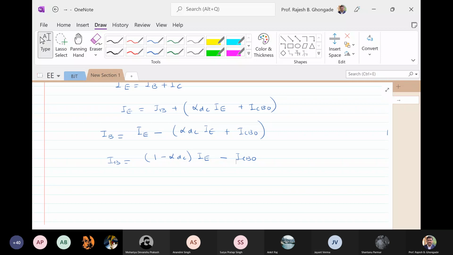Let us have a look at the common base configuration, or common base characteristics. So I think आपकी स्क्रीन फिर से फ्रीज हो गई है। फ्रीज हो गए वापस? यस सर। यस सर। फ्रीज हो गया? Why this is happening? Yes, sir. So you are not able to see whatever I have written? सर OneNote का एक पेज है, Sir, वही freeze हो screen is गया है। visible but screen is freeze.